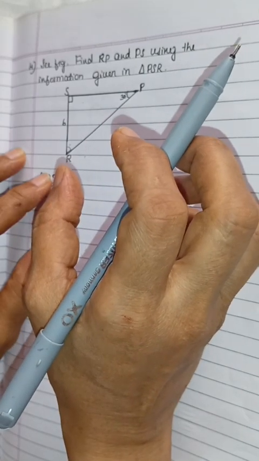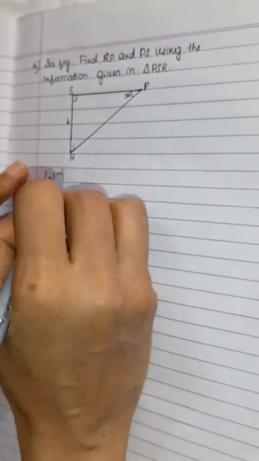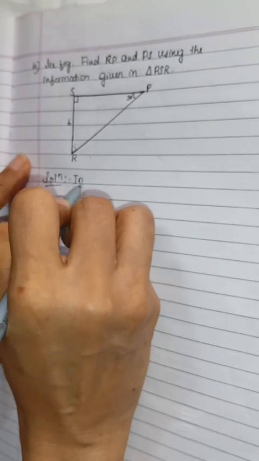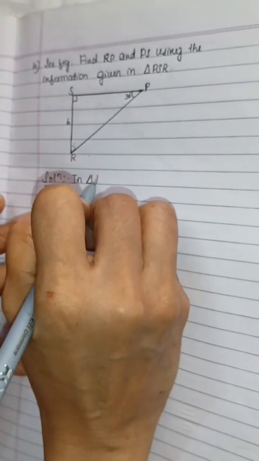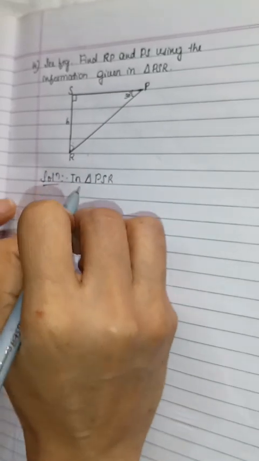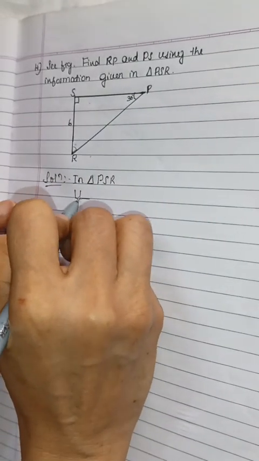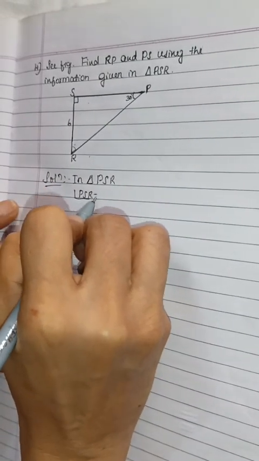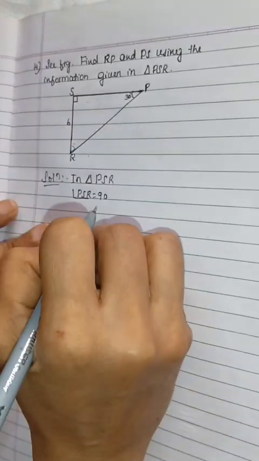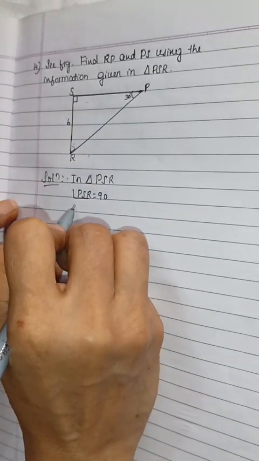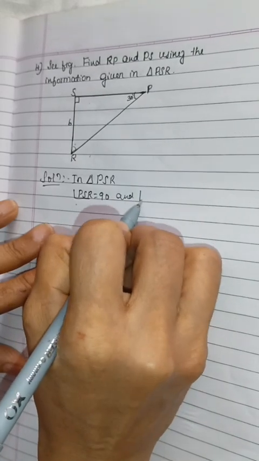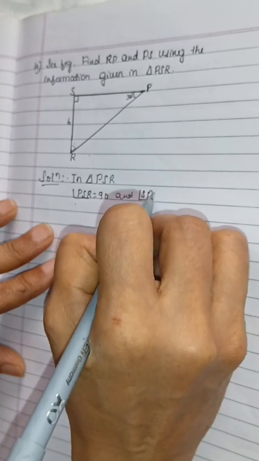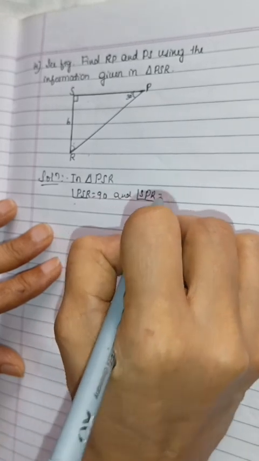So we'll write first, in triangle PSR, angle PSR is 90 degrees, S is 90 degrees, and angle SPR is 30 degrees.